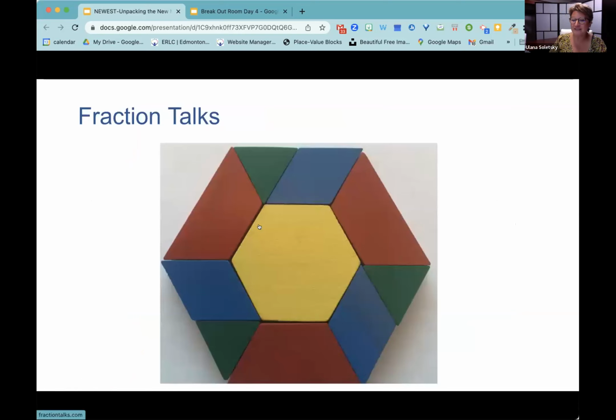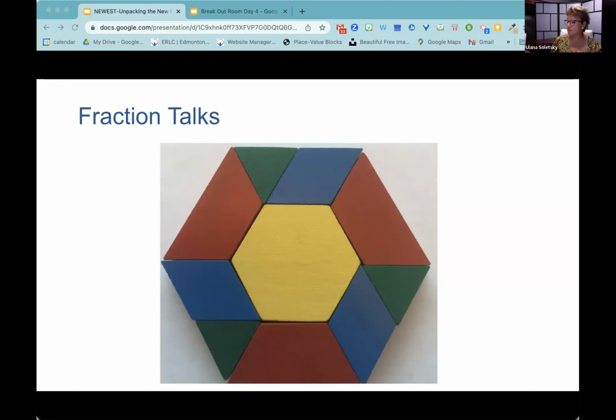This fraction talk, did anyone get to it? Robin's group did. Anybody else? Yes, Chelsea and I did. And how did you find that? I started with the biggest part, the yellow part. How many yellow parts can I make with all the other parts?